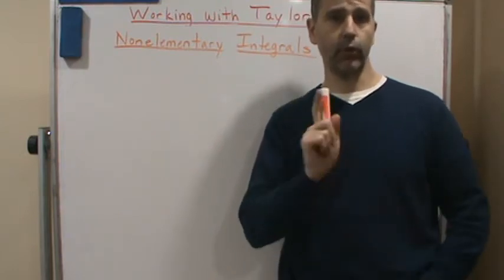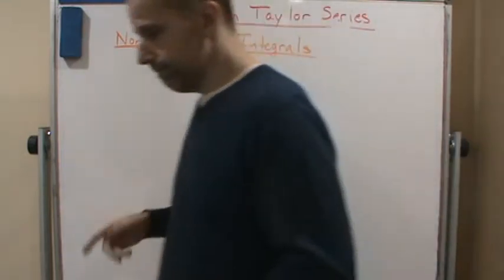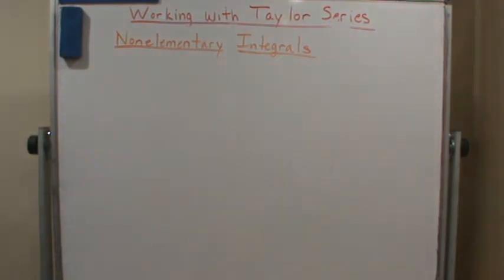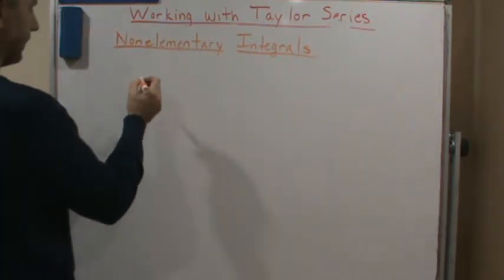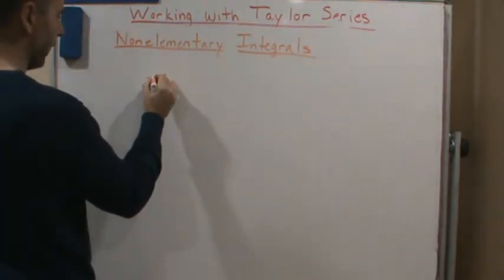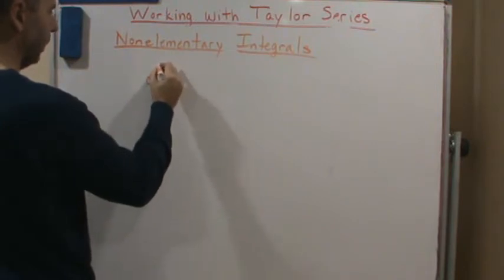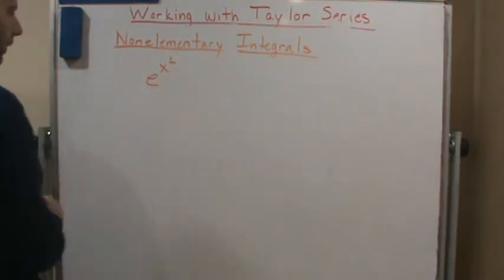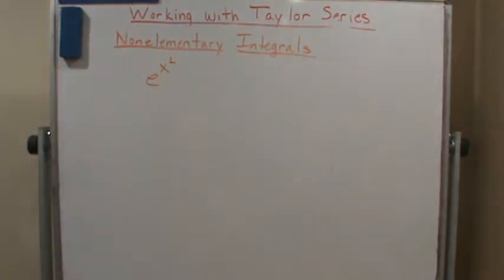Let's use an example of how we do that. In general, any function of the form e to the x squared does not have an antiderivative that is elementary.